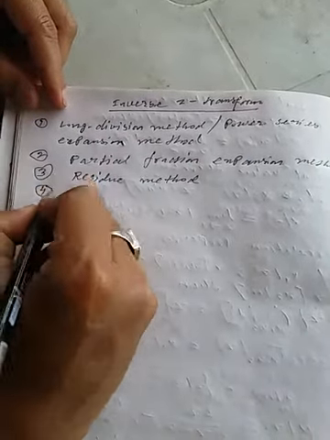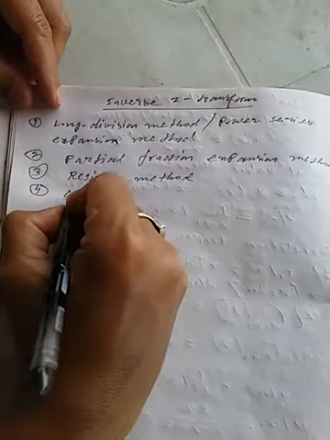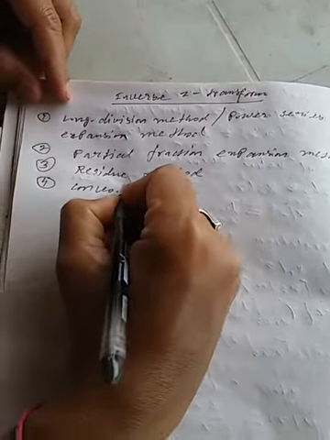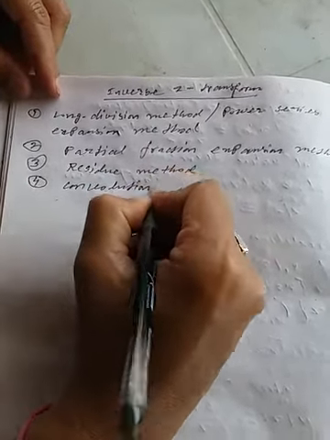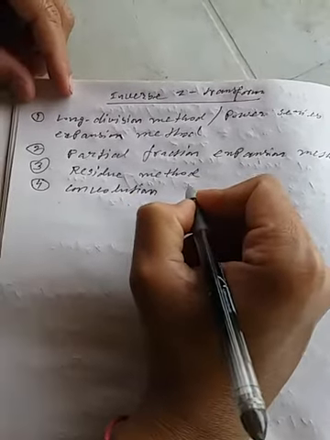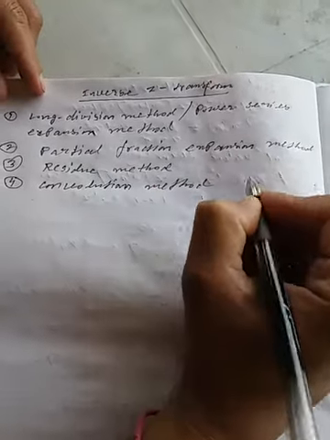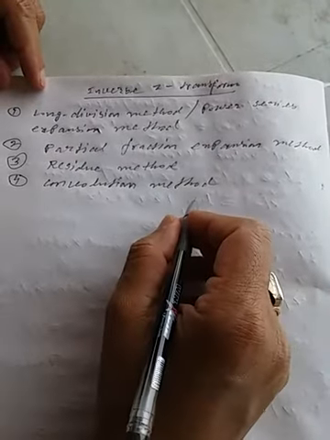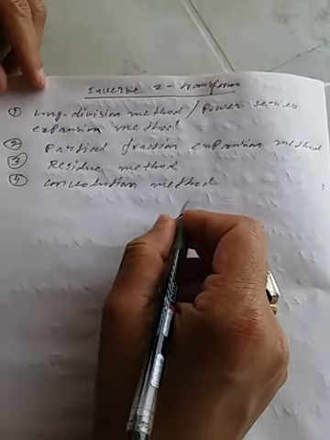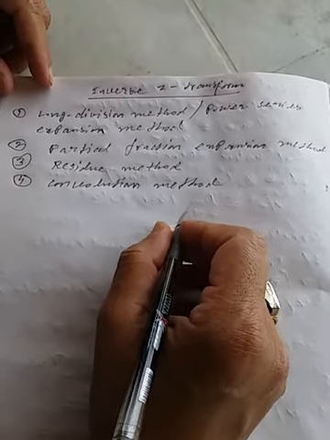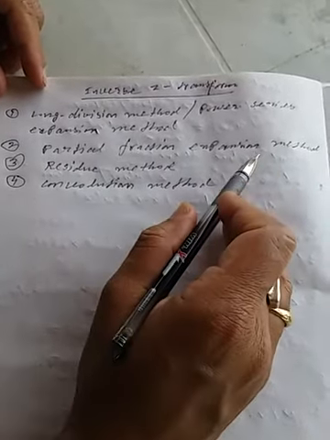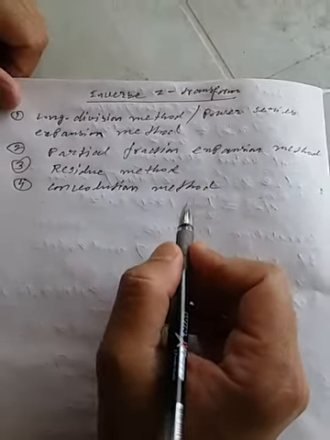Fourth one is convolution method. So there are four basic processes to do inverse Z transform. Now among these four methods, convolution method is not in your syllabus. So we will study about power series expansion method, partial fraction expansion method, and residue method.